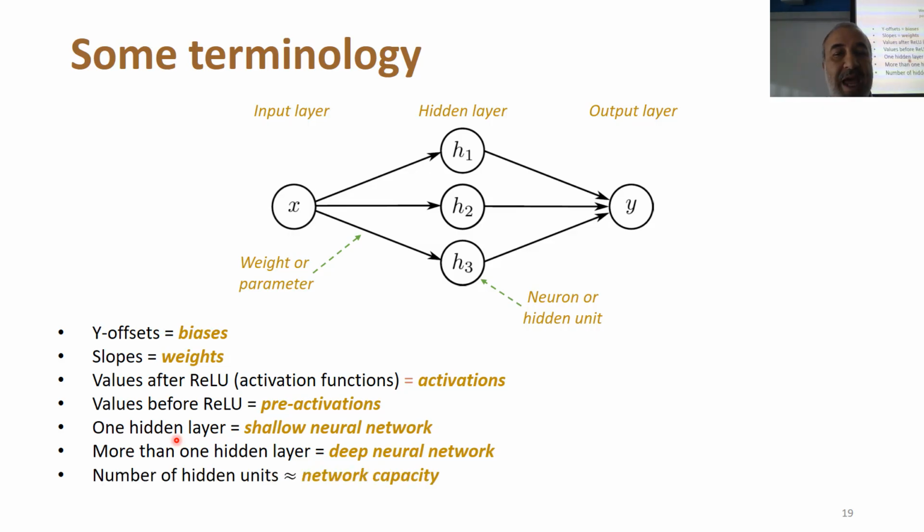Of course, in neural networks in general, we can change the number of hidden units. As we increase the number of hidden units, we increase what we call the network capacity. If I add more hidden units, will that make the network more complex or more flexible? Why?